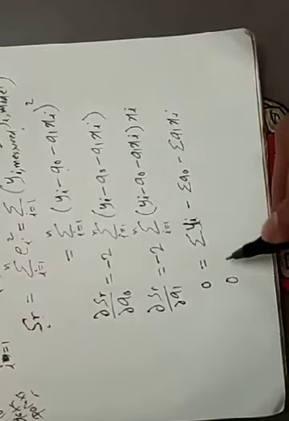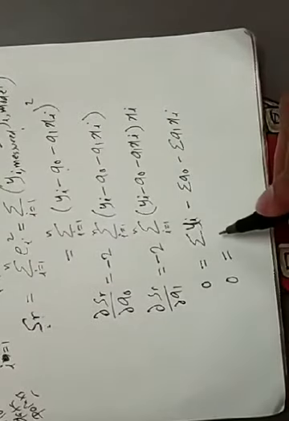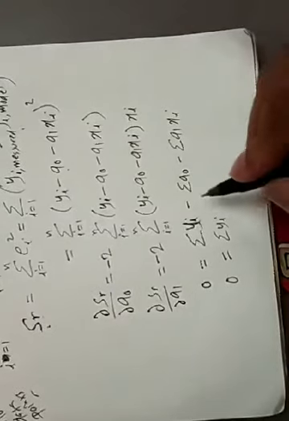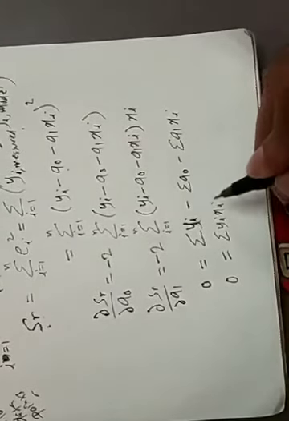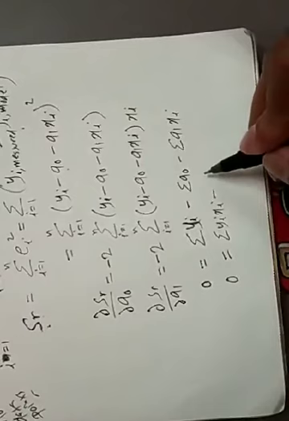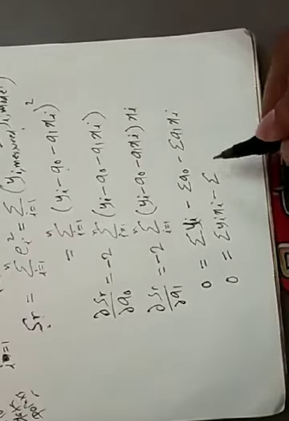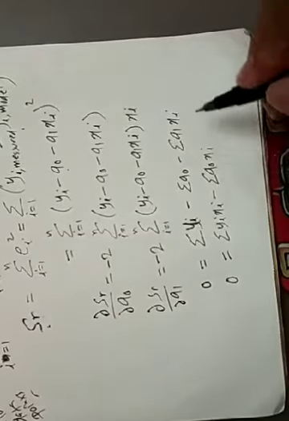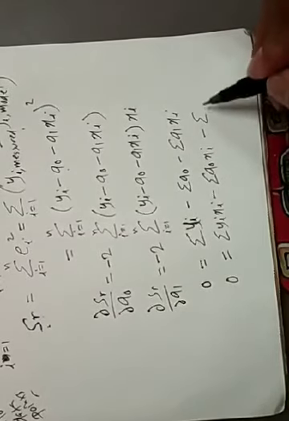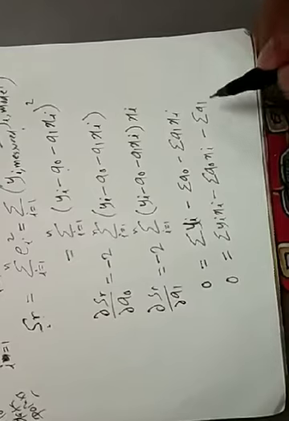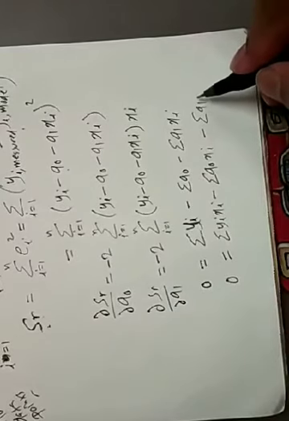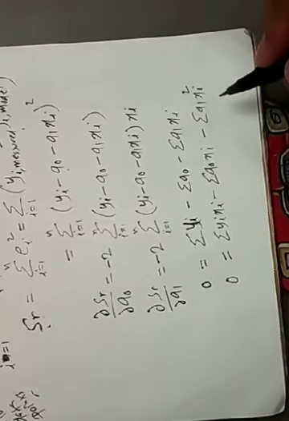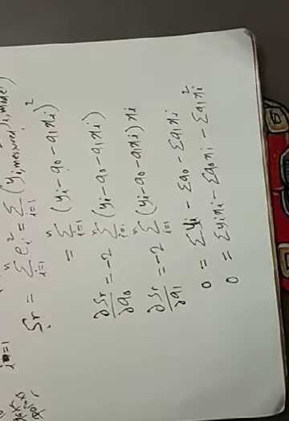Second equation, this 0 is summation yi into xi minus summation a0 xi minus summation a1 xi whole square.